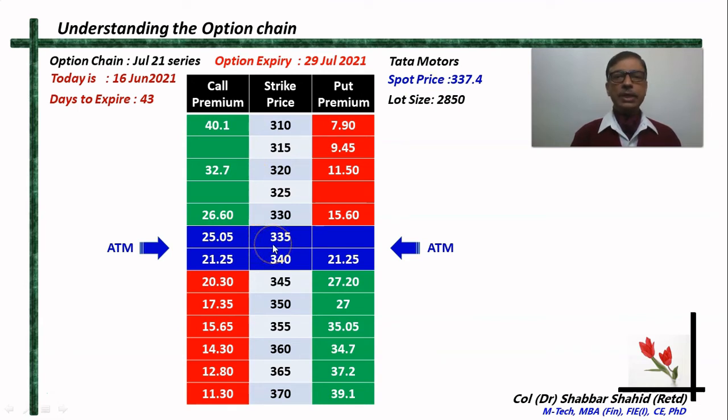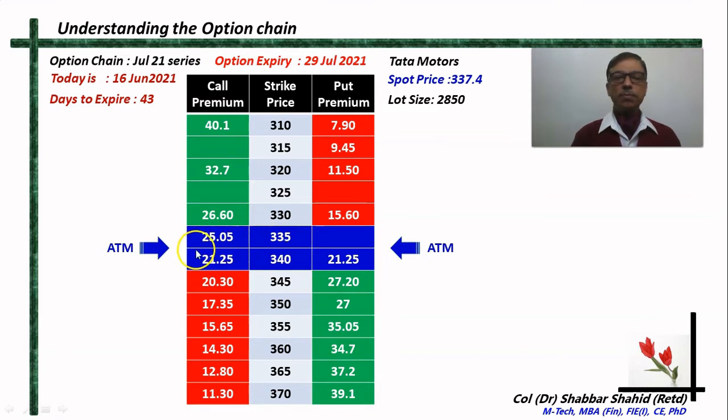Now we know that when the spot price and the strike price are the same or almost the same, that option is called an at the money option, in both cases, for call options as well as put options. So these two strike prices, 335 and 340, are the closest to the spot price of 337. Rather, the spot price is exactly in the middle of these two. So there is no single ATM. Both these strike prices we can consider as at the money.